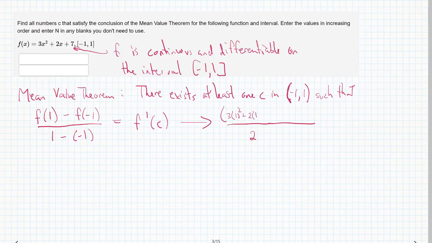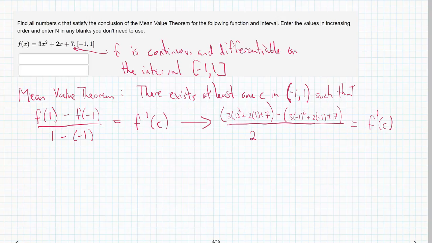So it's 3 times 1 squared plus 2 times 1 plus 7, minus f of negative 1, so 3 times negative 1 squared plus 2 times negative 1 plus 7. That should equal f prime of c, which we'll deal with in a minute.